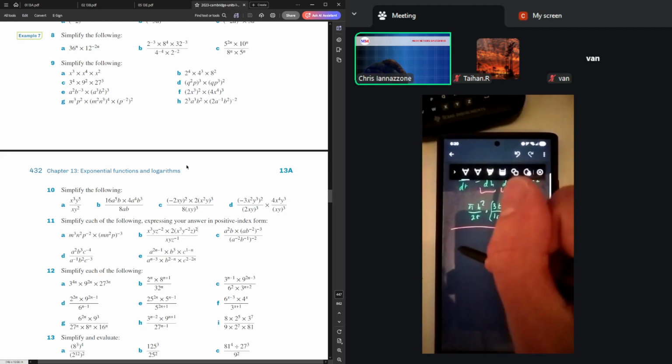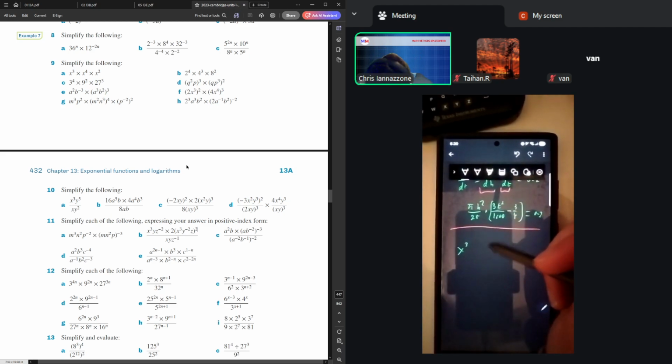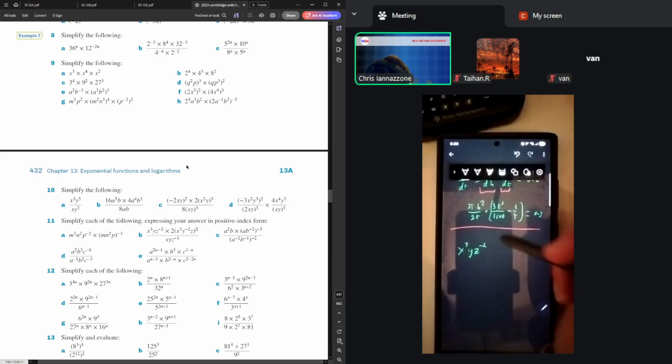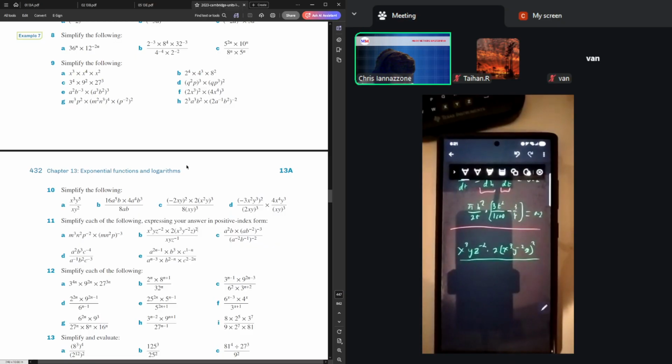That's a big one. So x cubed y z minus 2, times 2x cubed y minus 2z, all squared, and then xyz negative 1.